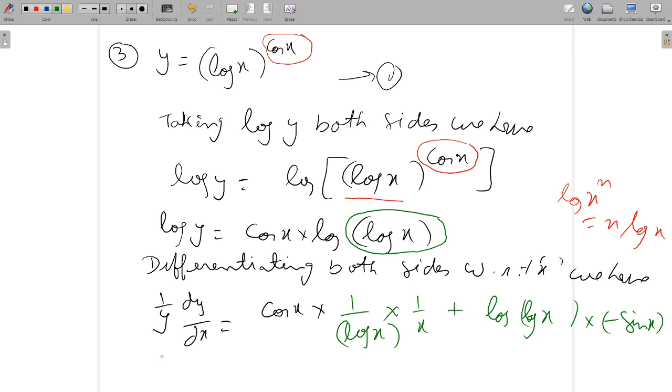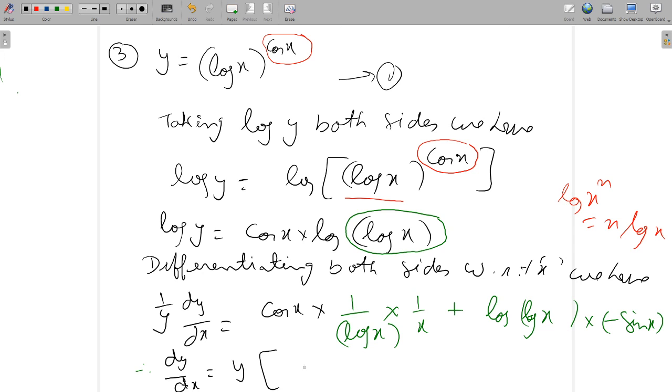Next, we put the value of y. Therefore dy by dx is equal to, this y will go to the other side, so it becomes y into the whole thing.